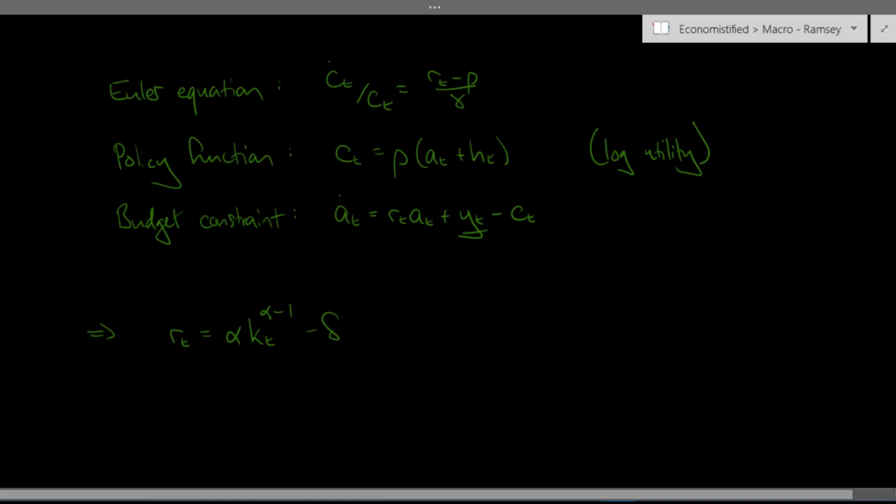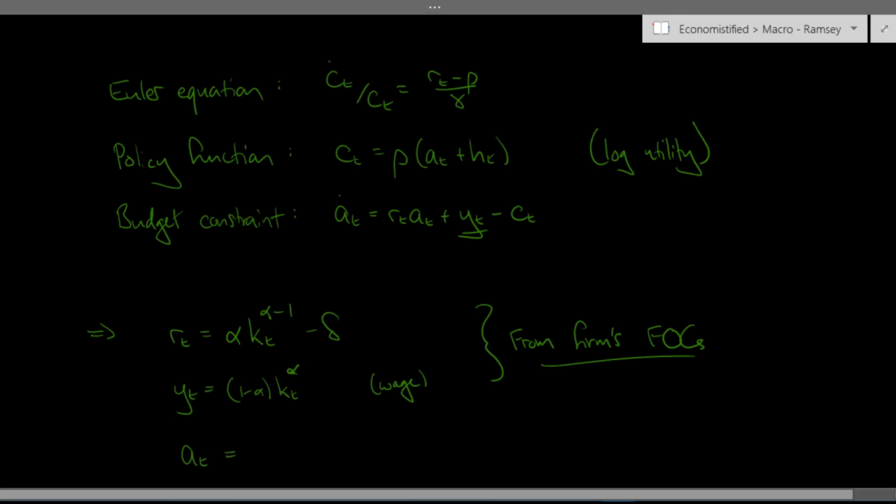And our y_t up here, which is really just the wage, so perhaps I should have denoted it with a w instead, that's going to be equal to the marginal product of labor. That's the wage, and these are both from the firm's first order conditions. And we also know from market clearing that the household's wealth is going to be equal to the capital stock of the economy, assuming there are no other assets that the household can save in.